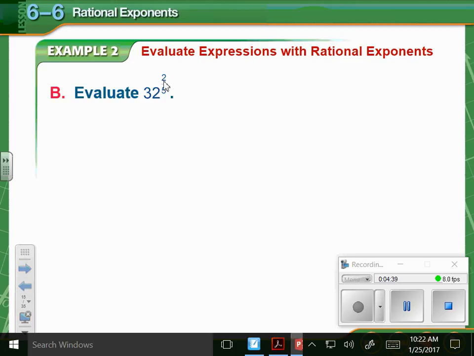32 to the 2/5 power. So not only is the denominator your root, but the numerator is going to be your exponent on the 32. So one way to write it is to break the 2/5 down as 32 squared times 1/5.